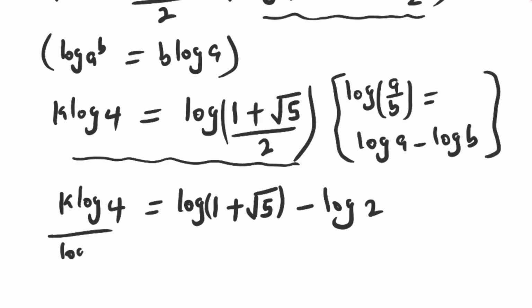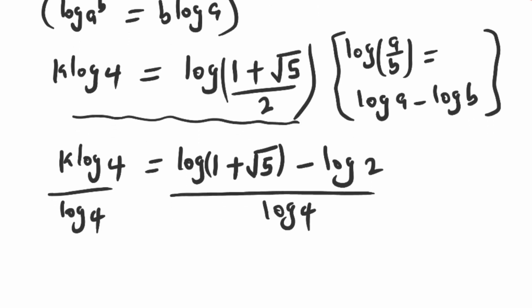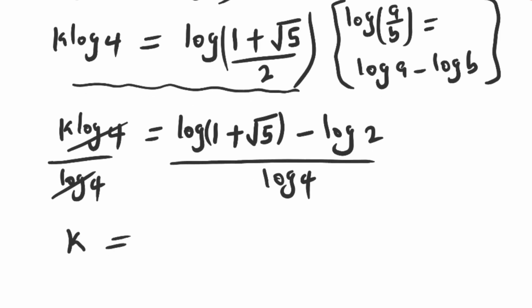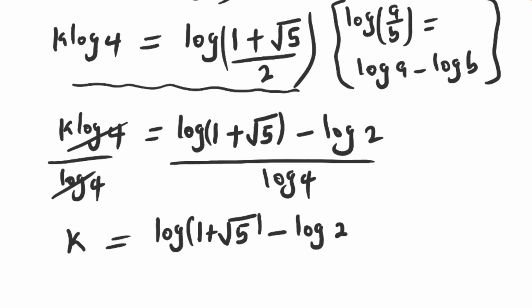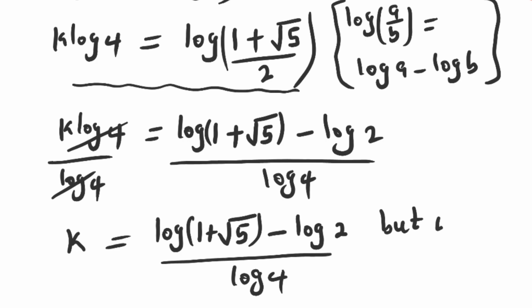This is divided by log 4 and this is divided by log 4. This log 4 cancels this log 4. k is equal to log of 1 plus root 5 minus log 2, over log 4. But 4 is equal to 2 squared.